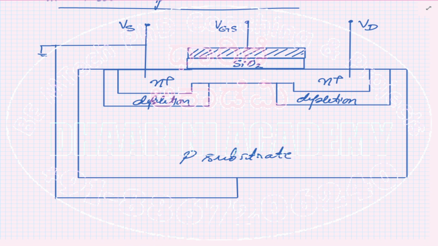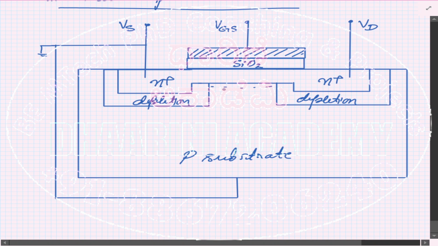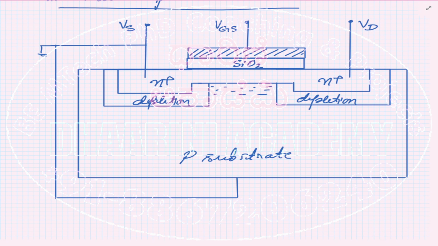But if you increase the VGS, more and more electrons will come into place, correct? Now the channel width further increases, so you have more conductivity. So in this case also VGS takes care of controlling this, but it has no control when VGS is 0.